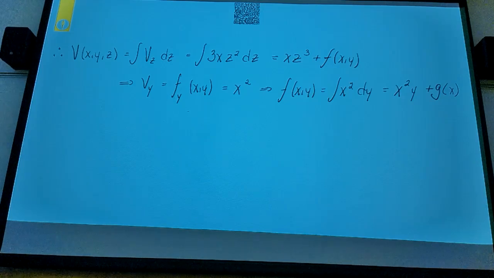And our function has to be the antiderivative with respect to y. So here's where we're at right now.